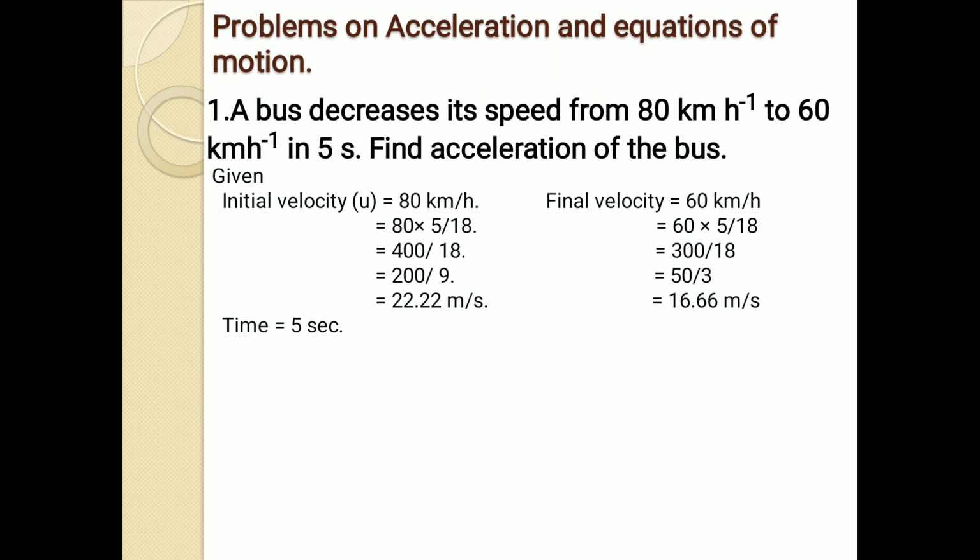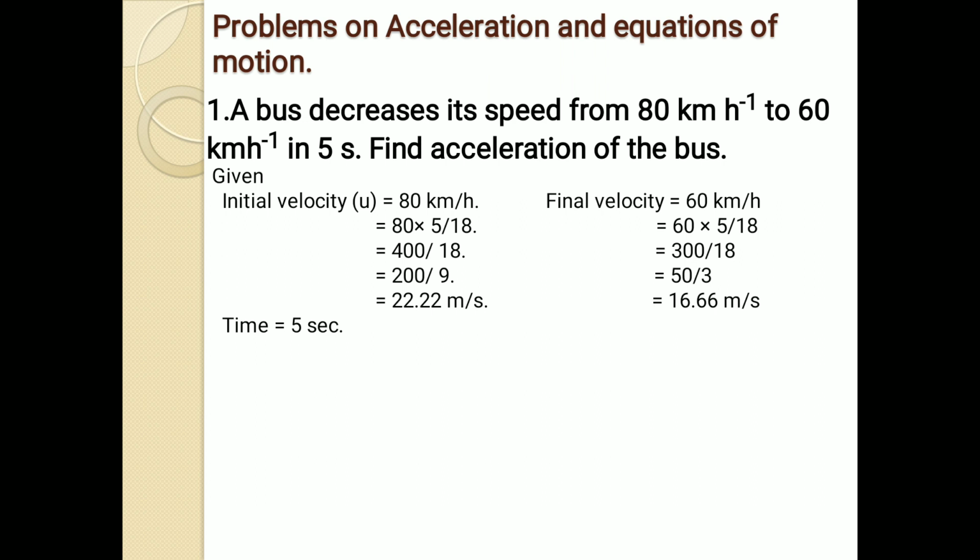And one thing you should remember here, speed they have given in kilometer per hour, but time is in seconds. So first we have to convert this kilometer per hour to meter per second. So in the previous slide we know how to convert kilometer per hour to meter per second. Okay, so you understood why we have to convert?